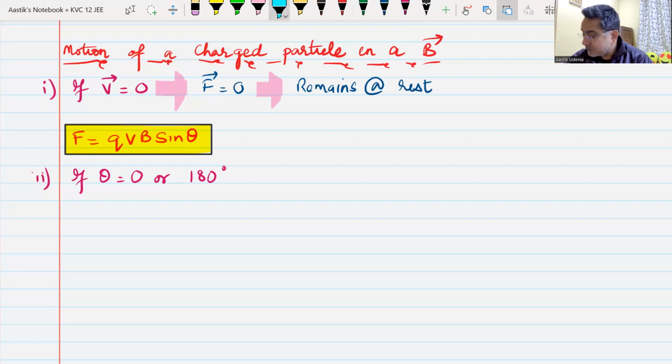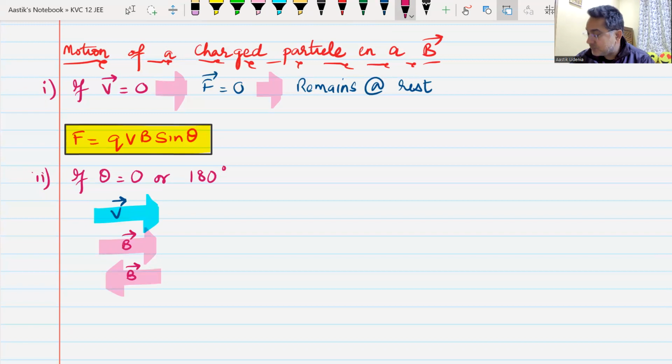For example, if your velocity is like this, and your magnetic field is also in the same direction, or in the opposite direction, whatever direction, the force acting on this particle would be 0.